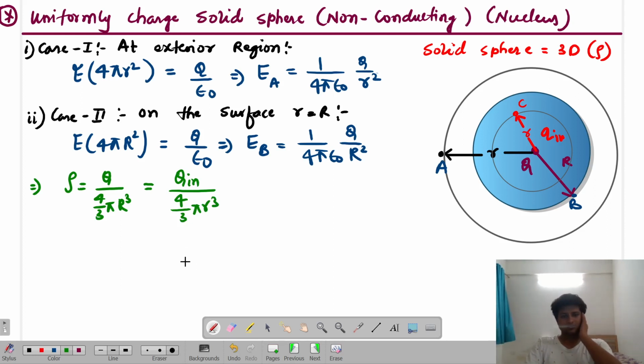Are you able to get me or not? So Q enclosed in terms of Q is how much? 4 by 3 pi, 4 by 3 pi cancel. So Q enclosed inside that Gaussian surface is capital Q into small r cube divided by capital R cube. Are you able to get me? Is that clear?